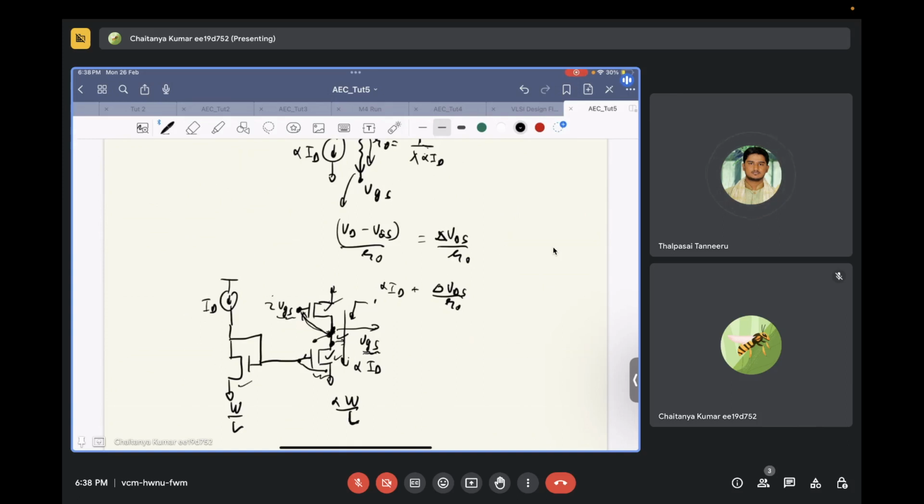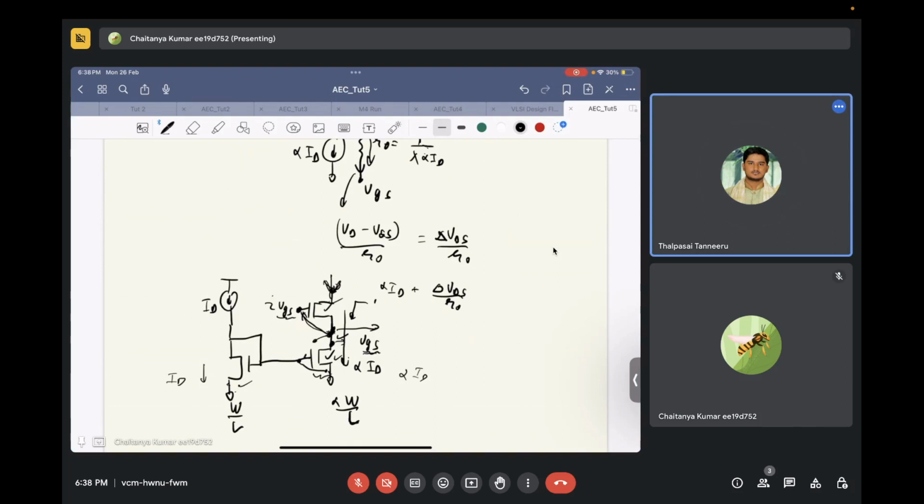Here also you somehow make drain source and gate source voltage VGS, so the current copying will be much more accurate. Okay, now you will take the current output from this particular node. You understand? Yes, sir.